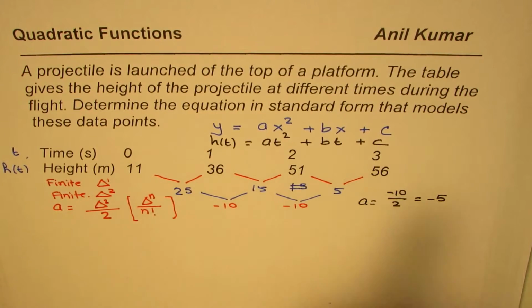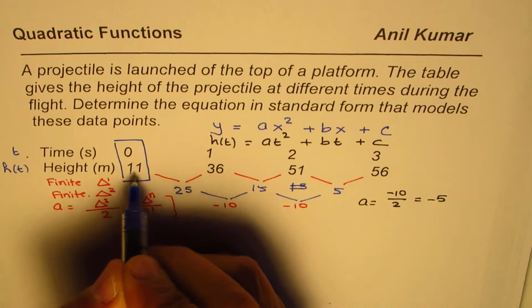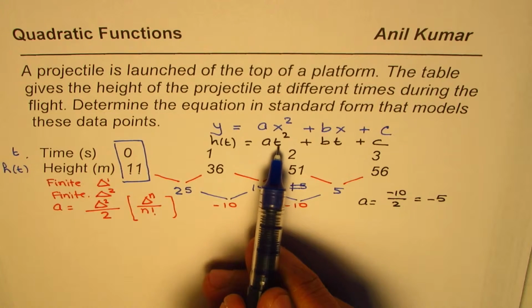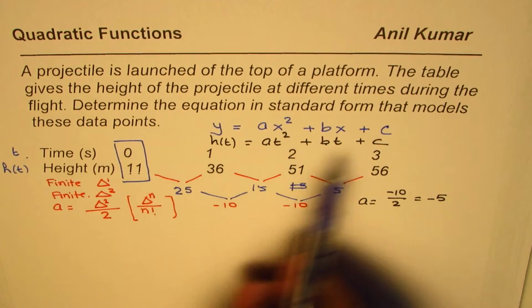Another thing you know directly from here is that if I substitute 0 for time, then the height is 11. If I substitute 0 for t, these two terms will be 0, and c will be 11.